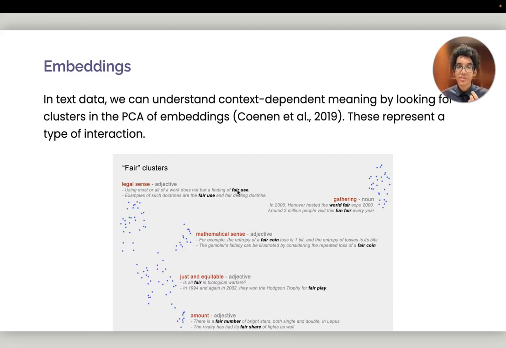What you find when you do the PCA of those embeddings is very clear, separate clusters, where the different clusters correspond to different meanings of the word fair, depending on how people are using it. So it could be fair use, it could be fair coin, it could be world fair, and you're seeing the separation even though they're all the same word.